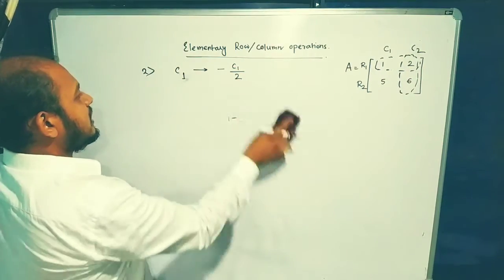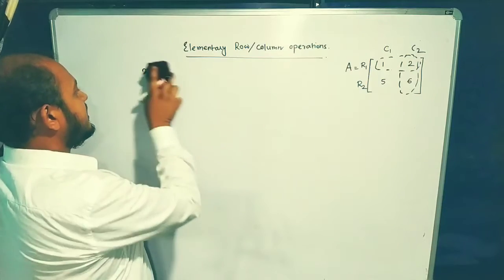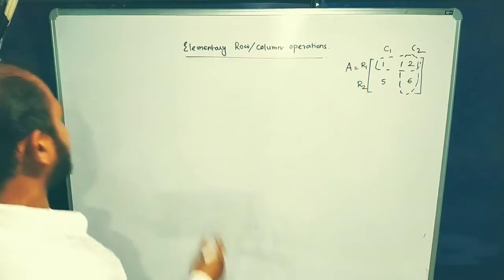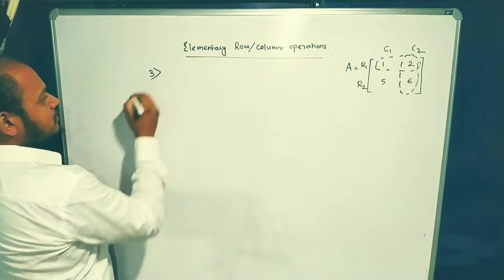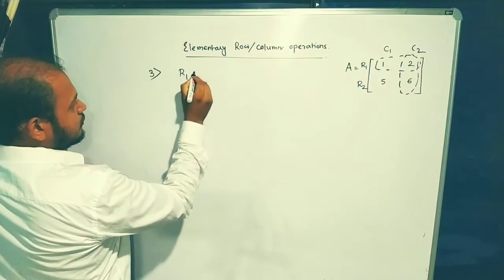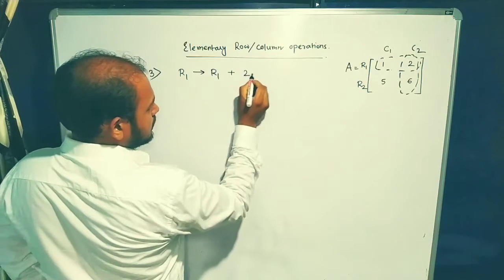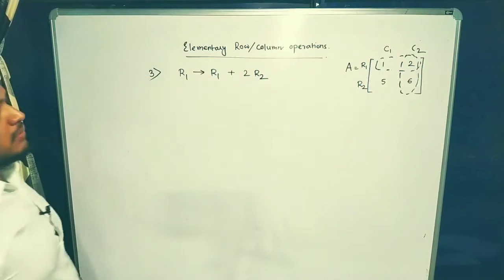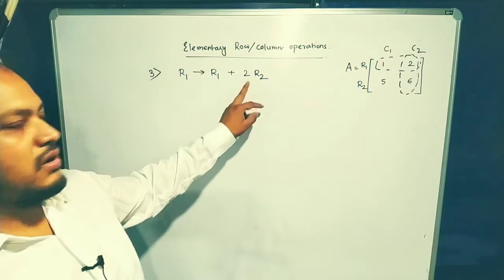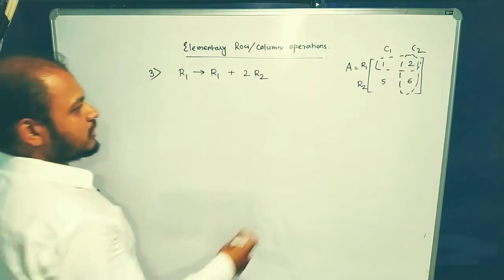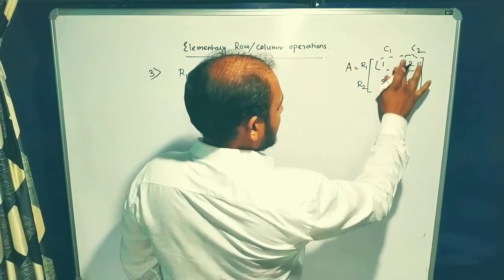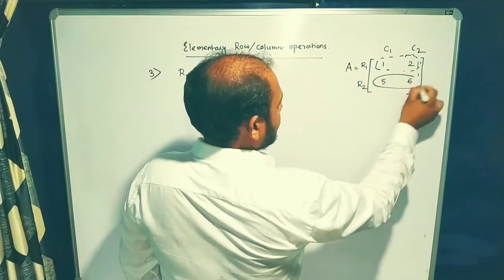Let's move to third type of operation, that was adding or subtracting a column with another column or row. Suppose if I say that second row becomes the sum of second row along with the multiplication of the second row with the number 2. So let's look at the second row here. This entire thing is the second row.